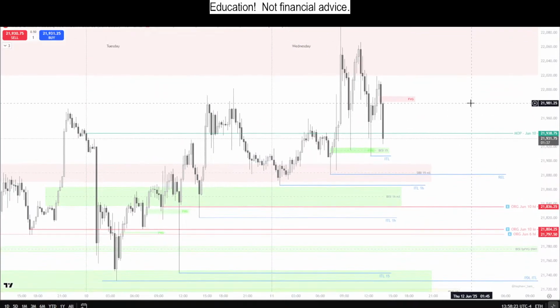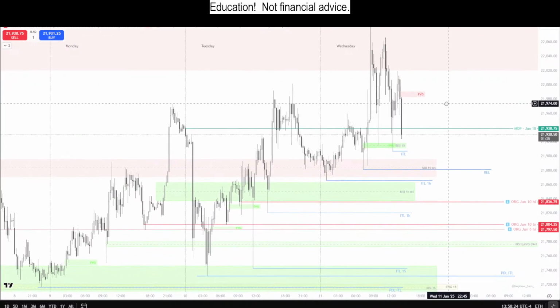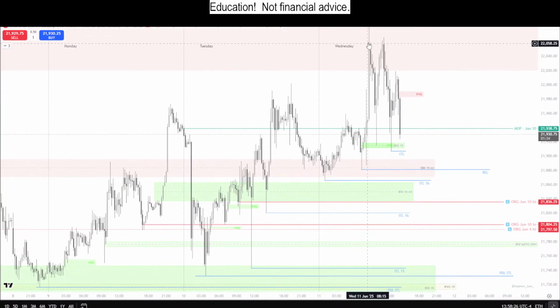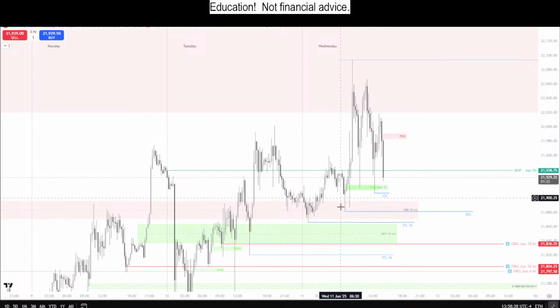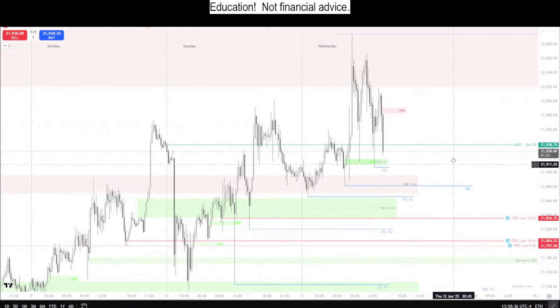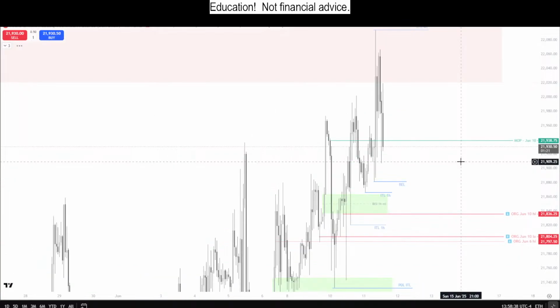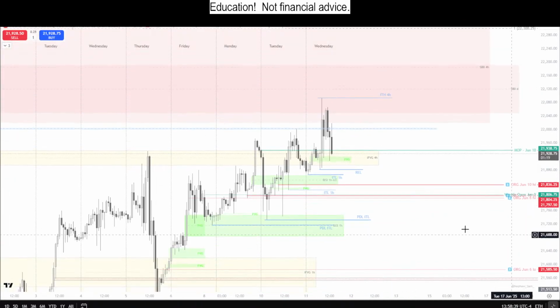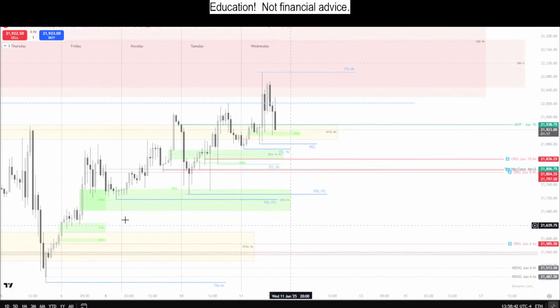So 15 minute, we have this dealing range, which we've come back down. If we're going to come down and retrace, we're certainly in consequent encroachment. I'm not going to measure that right now, but let's come out to the hourly. There we go. I'm going to go short.